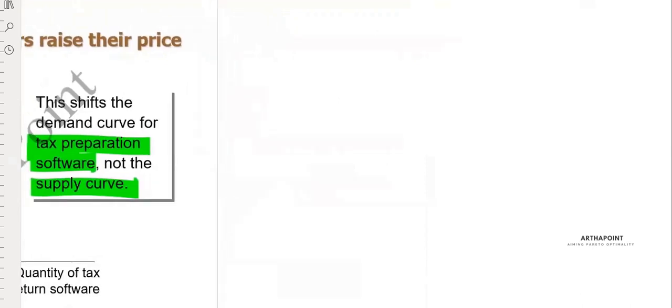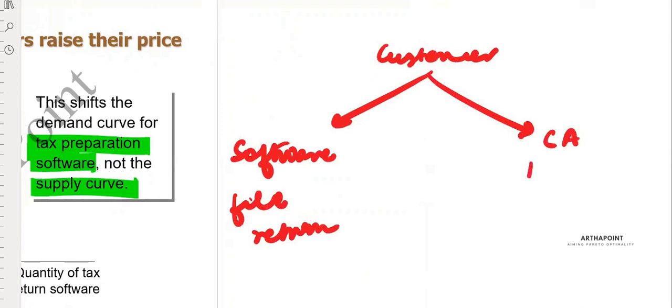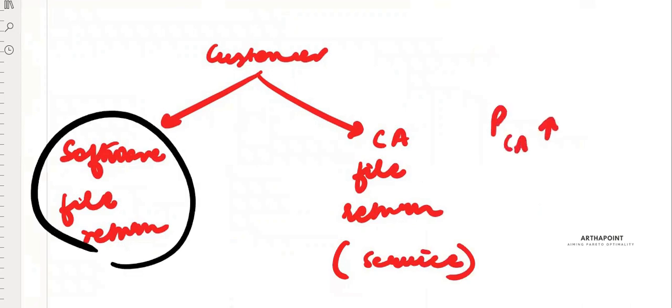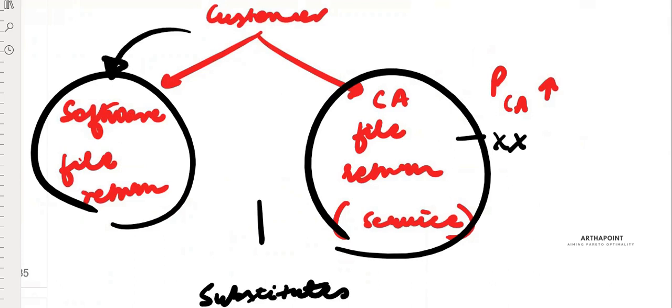So imagine this. You are a customer. Either you can use software to file your return, or maybe you can go to a CA to file your return. This CA is providing you the service of filing returns. When the price of the CA increases, because software and CA are substitutes of each other, people will not go to the CA. People will file on their own using the software.